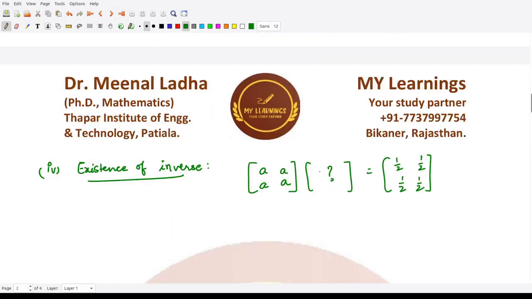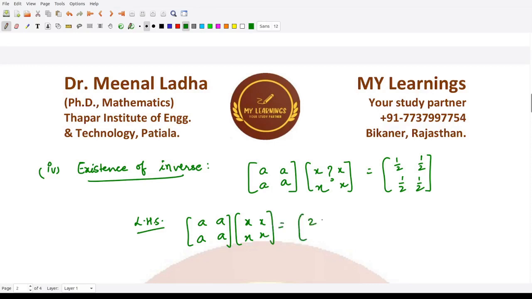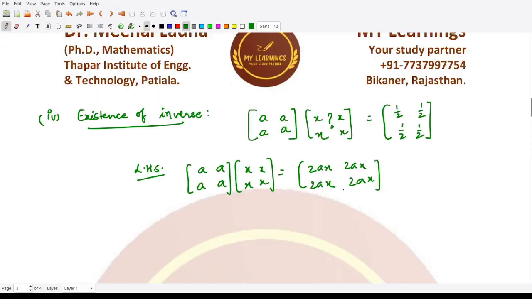So let's again take this as x in every entry, and we need to determine what x is. Again, let's solve the left hand side. A multiplied together with x gives 2ax in every entry. This is given to be equal to 1 by 2 in every entry, which is the right hand side.